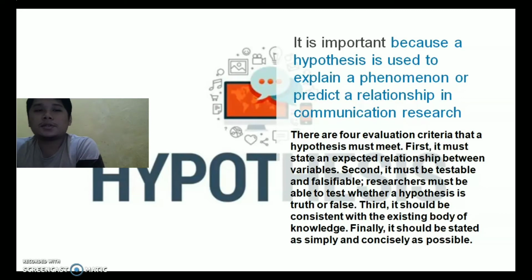The researchers must be able to test whether a hypothesis is true or false. Third, it should be consistent with the existing body of knowledge. And finally, it should be stated as simply and concisely as possible. Move on to the next slide.